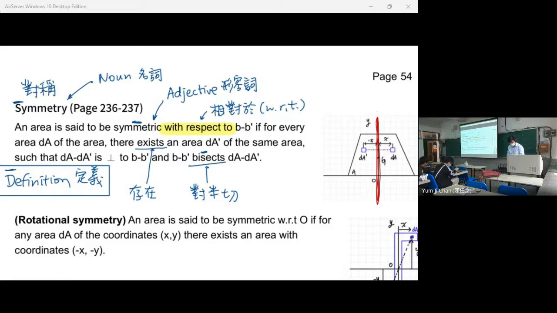Let me use the red pen here. This is the line of symmetry.